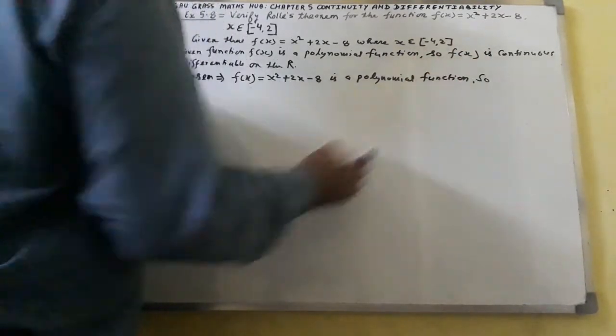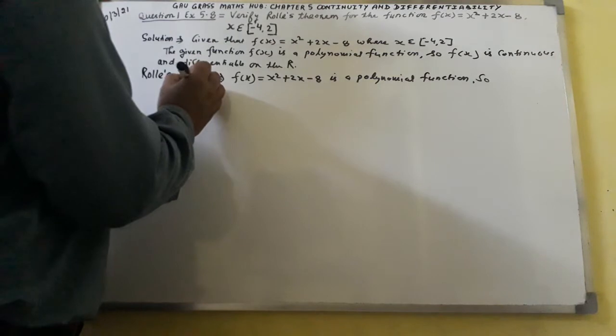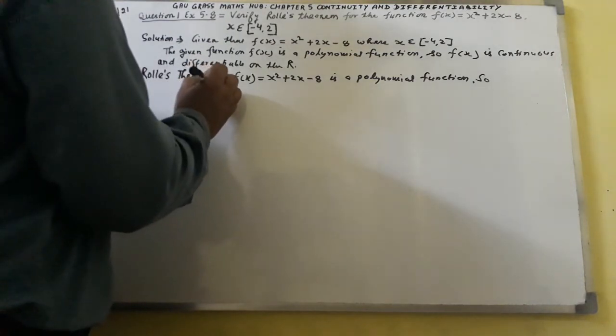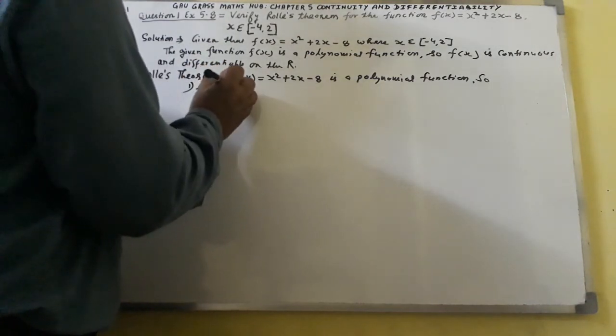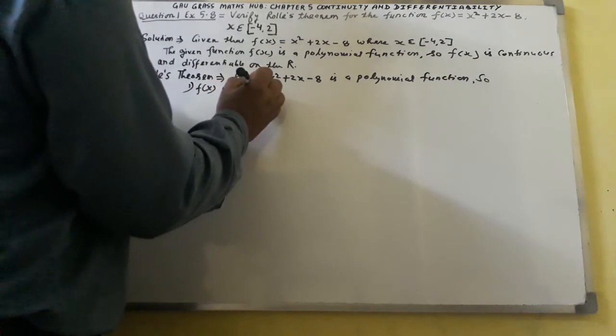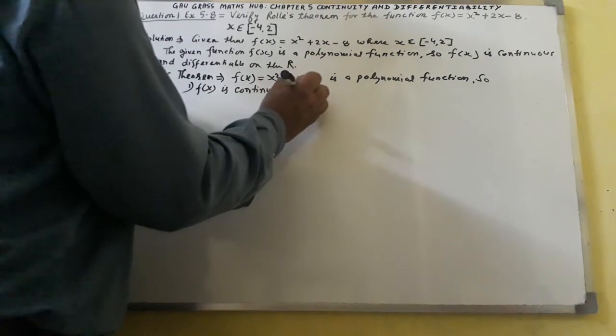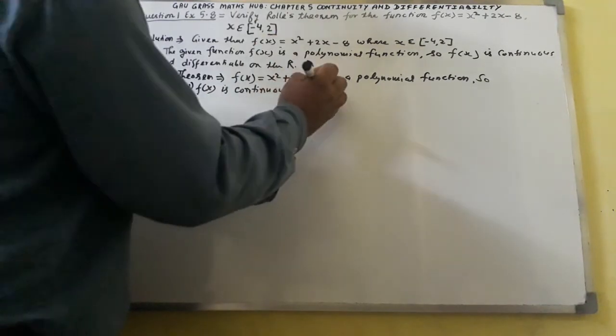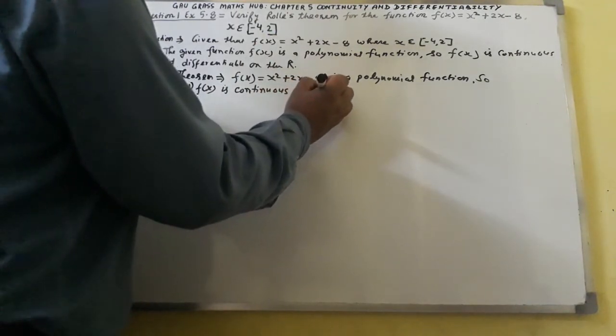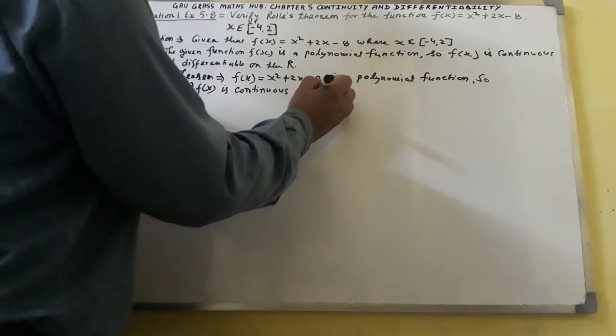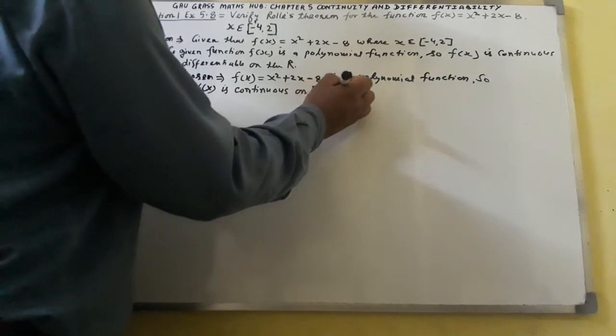So, one, f of x is continuous on the closed interval [-4, 2].